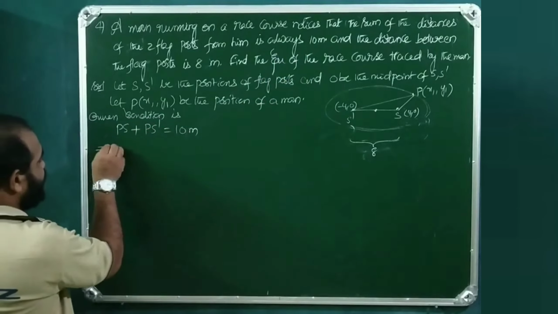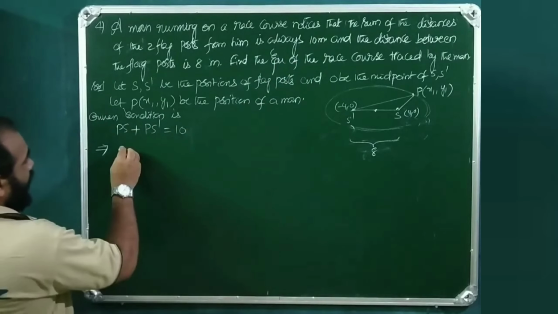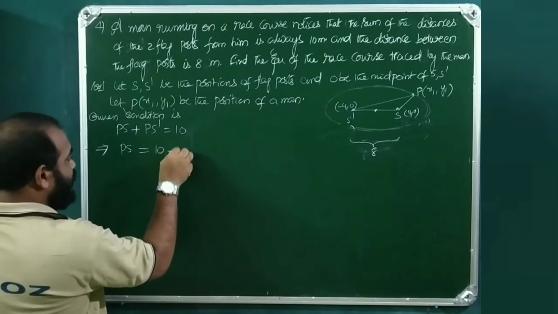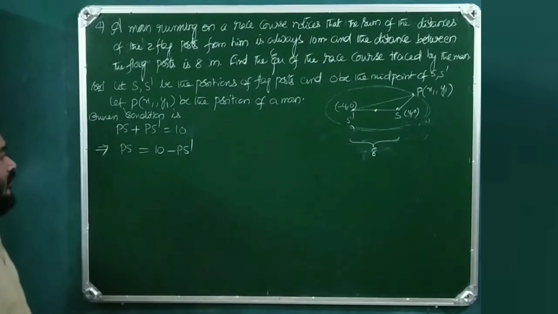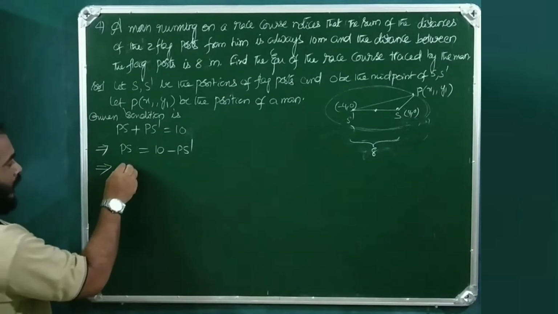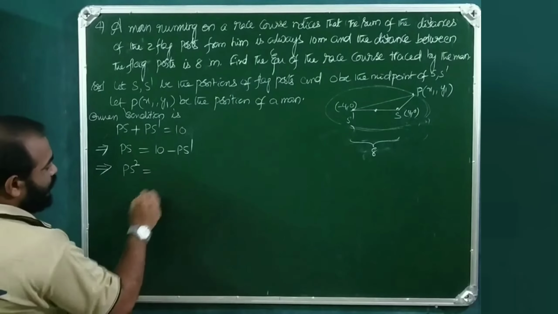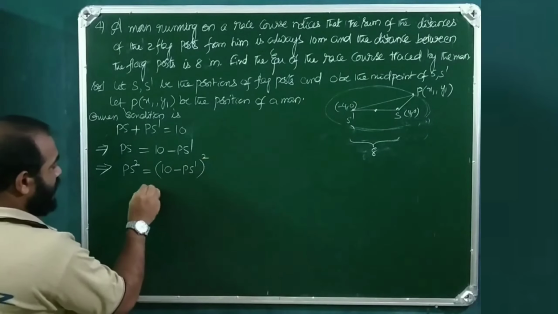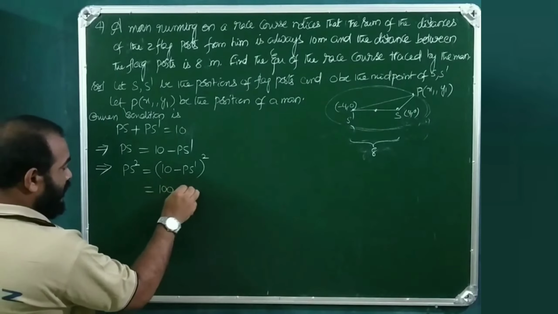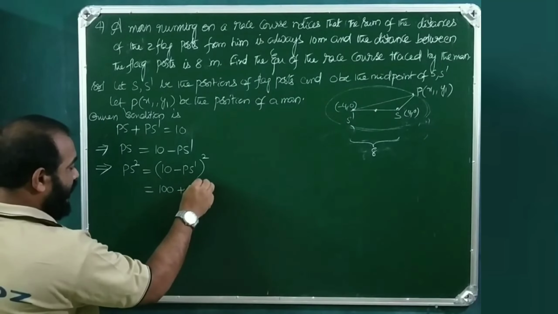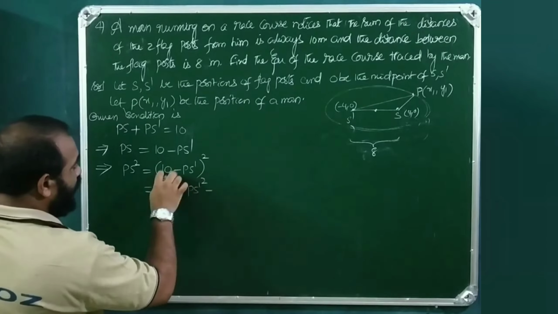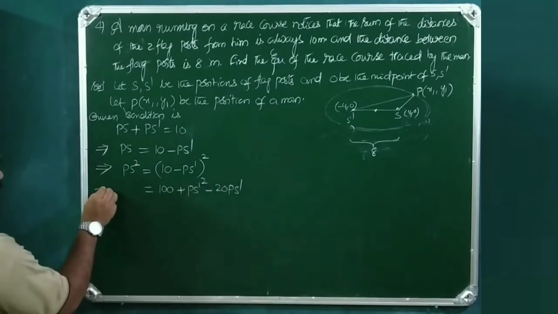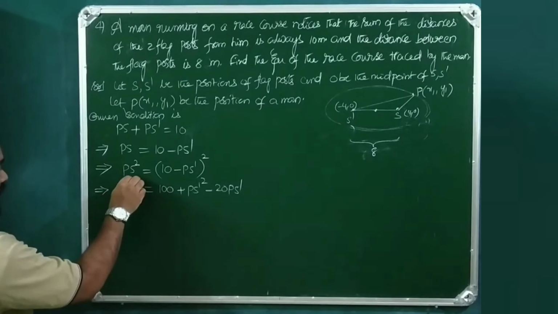So from this, PS is equal to 10 minus PS dash. So PS square is equal to (10 minus PS dash) whole square. This is 100 plus PS dash square minus 2 tens are 20 PS dash.